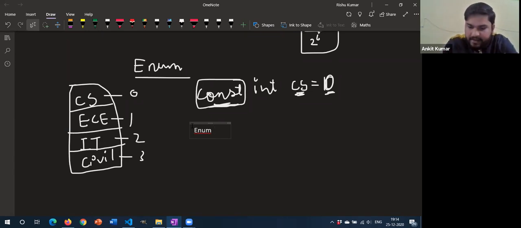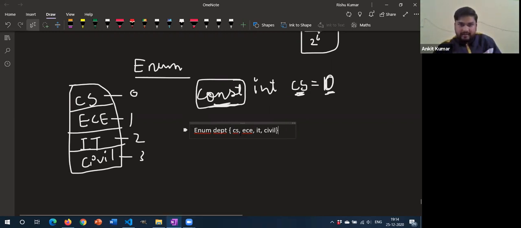Let's say we want to use a department, so let's give it a variable which is dept, and in curly braces we will write the values that we want. So we want cs, we want ece, and we want it, and we also want civil. Okay, and close these brackets.